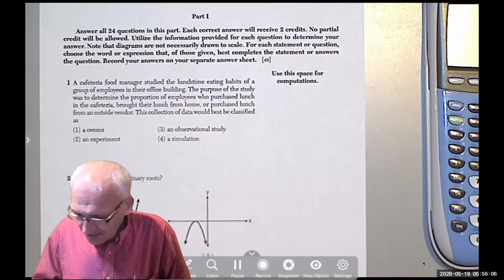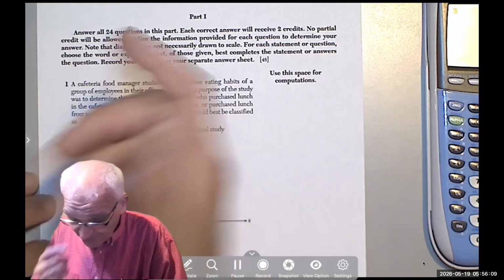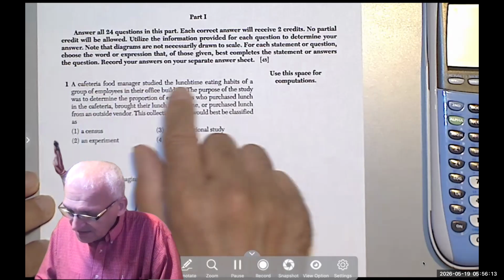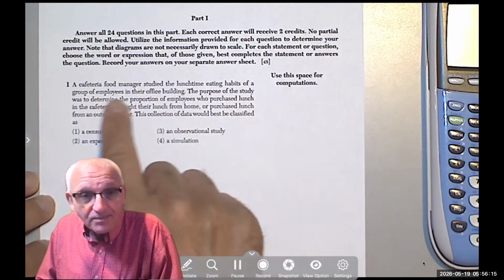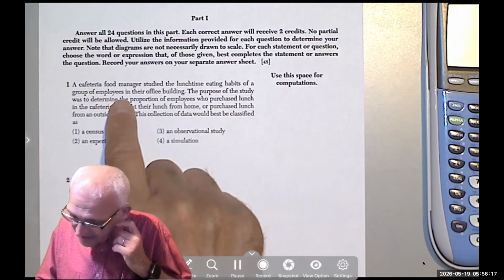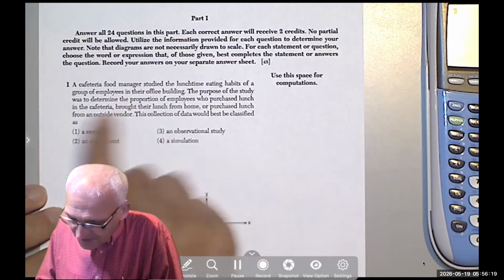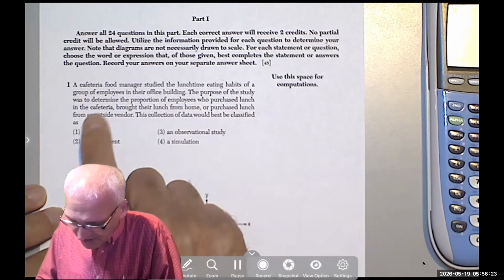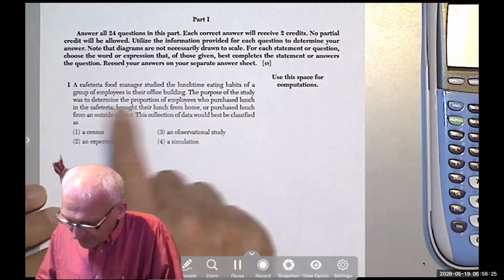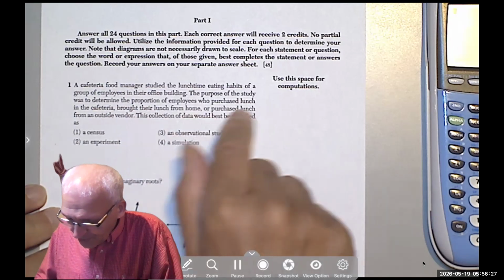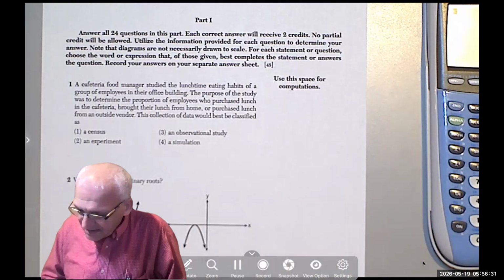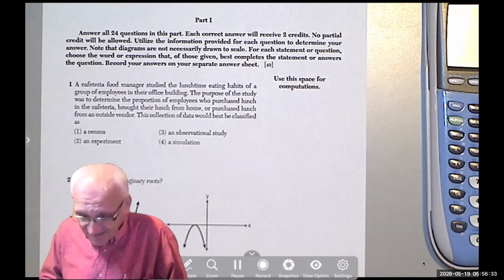So the first problem says, a cafeteria food manager studied the lunchtime eating habits of a group of employees in their office building. The purpose of the study was to determine the proportion of employees who purchased lunch in the cafeteria, brought their lunch from home, or purchased lunch from an outside vendor. And this collection of data would best be classified as what? As a census?